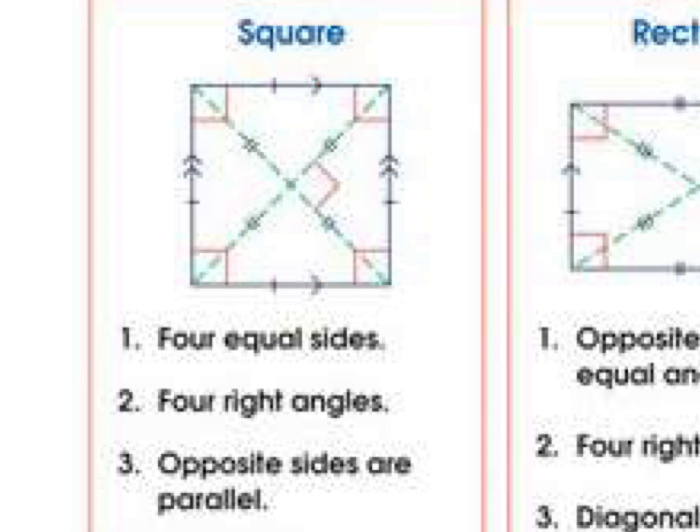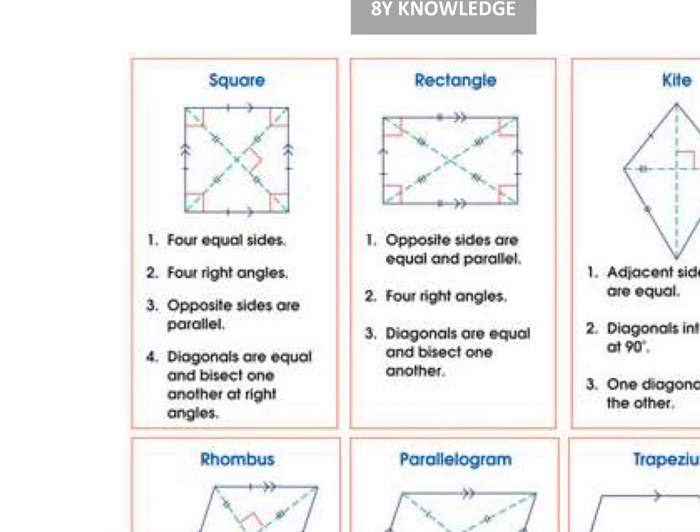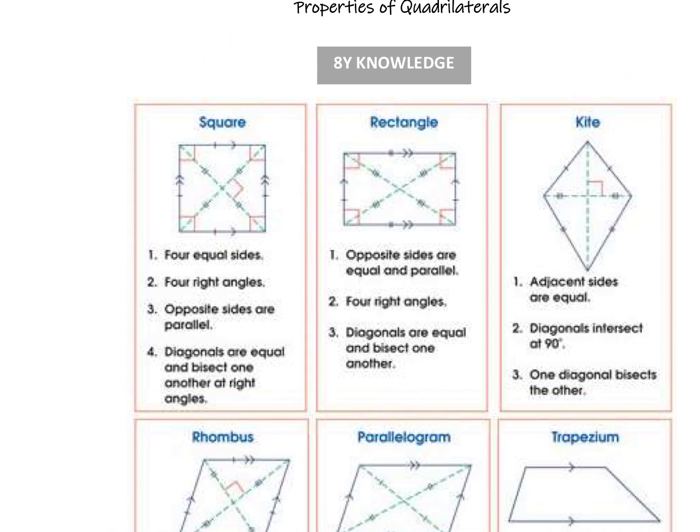Now these two are parallel, but they're not parallel with the first set, so you need double arrows there to indicate that these are parallel, but they're not parallel to these two, if that makes sense. And then finally, the diagonals are equal in length, and they bisect at a right angle.